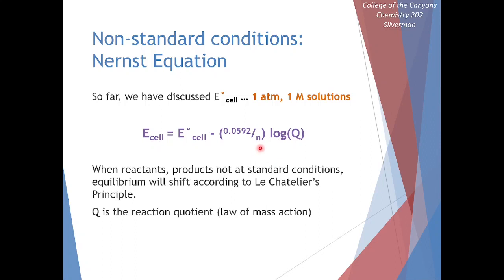Again, we have N referring to the number of electrons that show up in our balanced redox reaction. And this number, 0.0592, is a combination of the gas constant, Faraday's constant, and a temperature of 298 Kelvin.